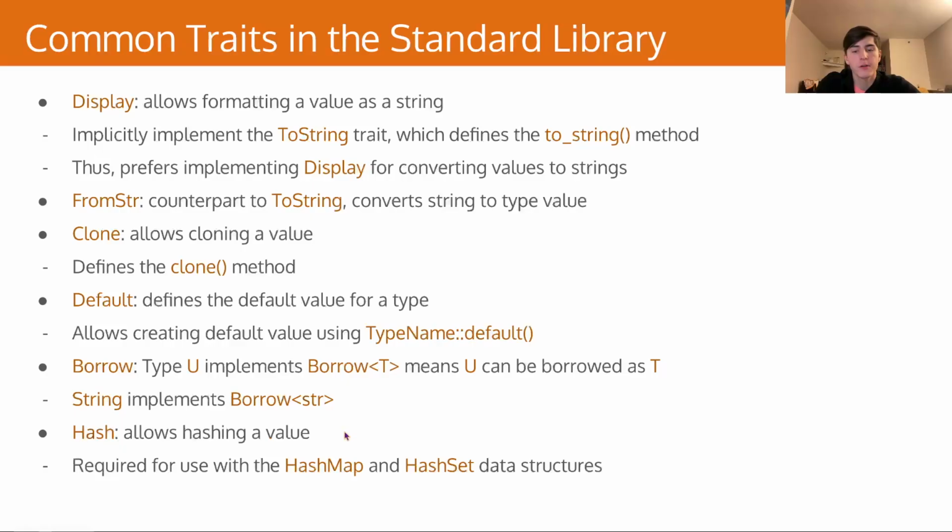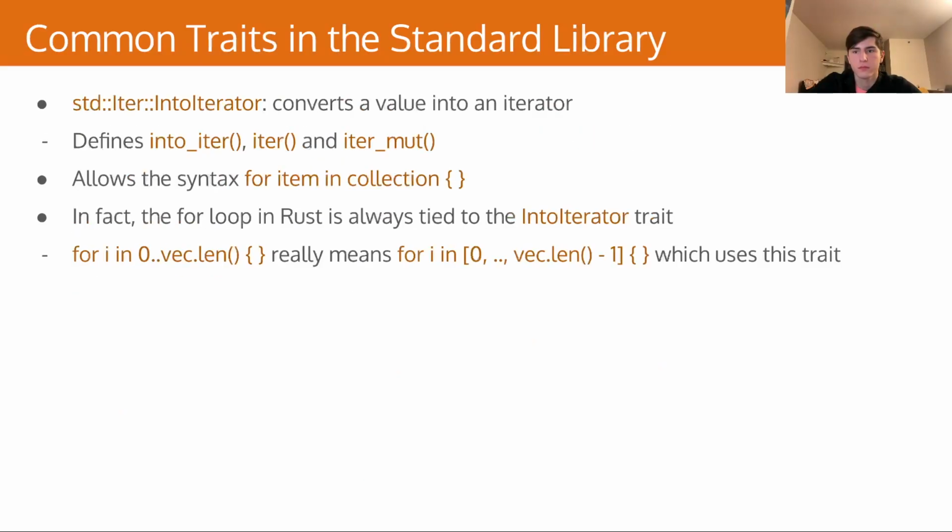Hash allows you to use your data type in a hash map as a key or in a hash set as an element. Then some more. IntoIterator allows you to iterate over it, like into_iter, or like iter and iter_mut, which we covered in previous lectures. And the for loop in Rust is also tied into IntoIterator. Fun fact.